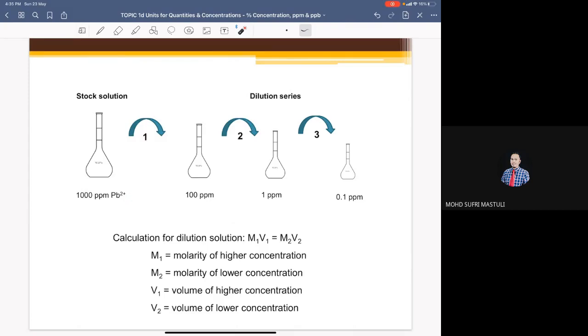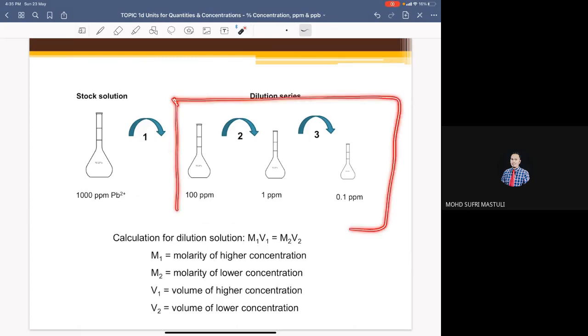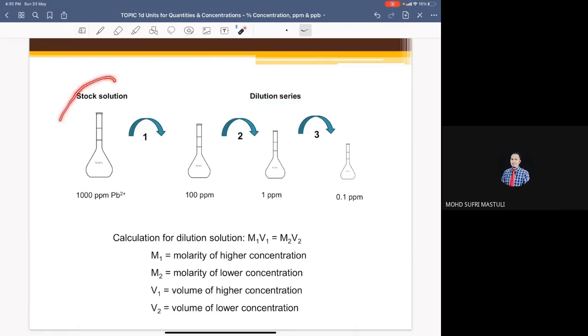It can be diluted into a series of concentrations from 100 ppm, 1 ppm, and also 0.1 ppm. So this one we call a working solution. This one is a stock solution.